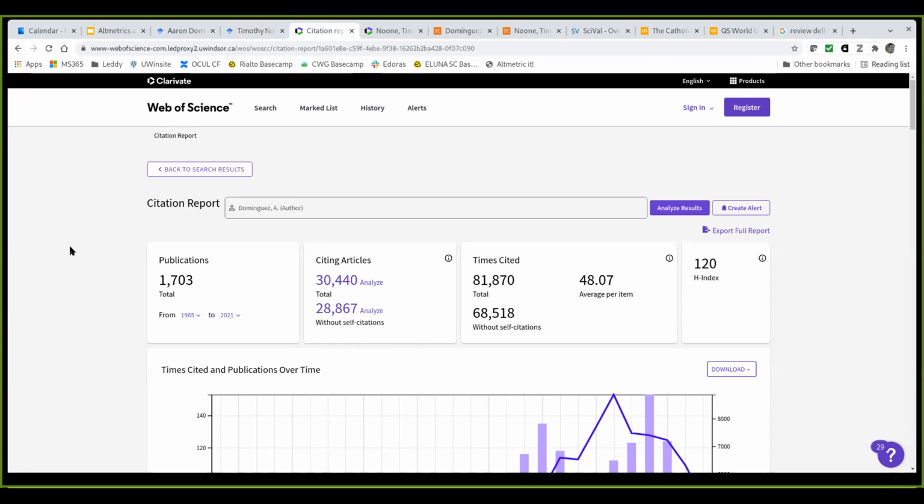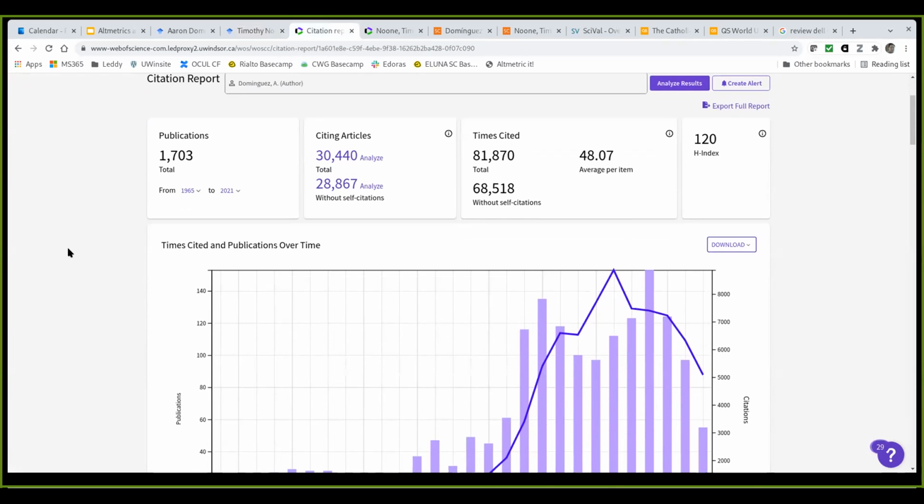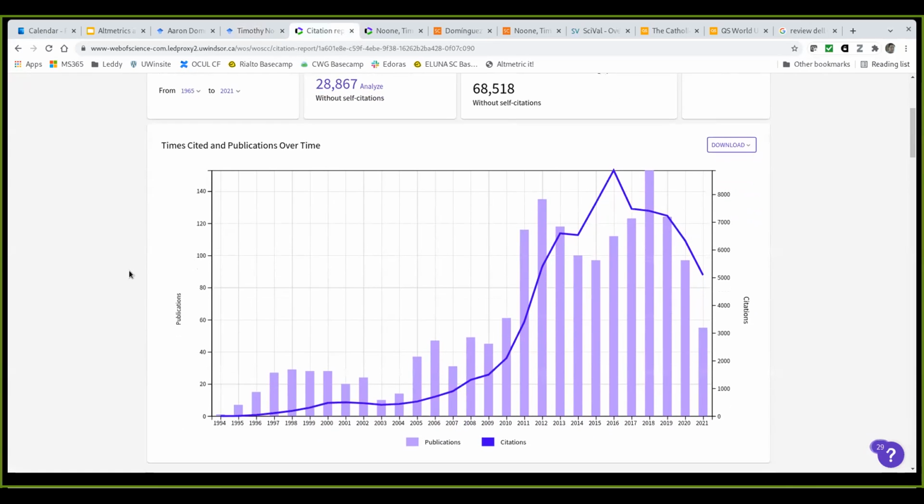Now, if we pop over to Web of Science, this is the kind of landing page citation report for Dr. Dominguez. And here again, we see the number of publications represented in this bar graph, and then the number of citations in this line graph over time.